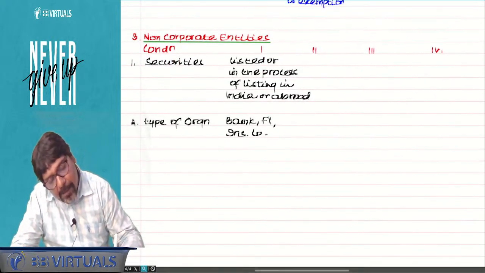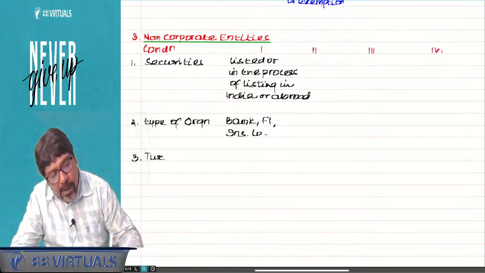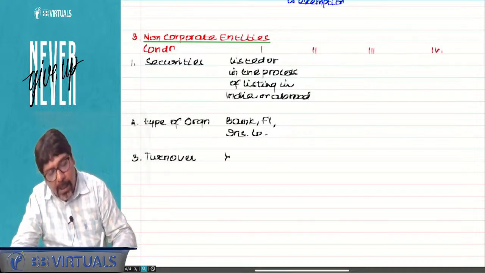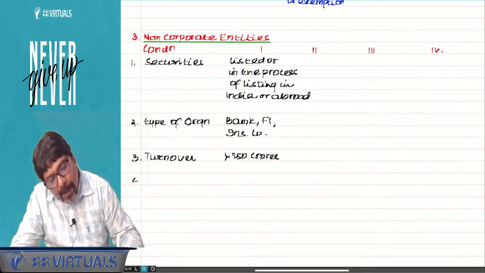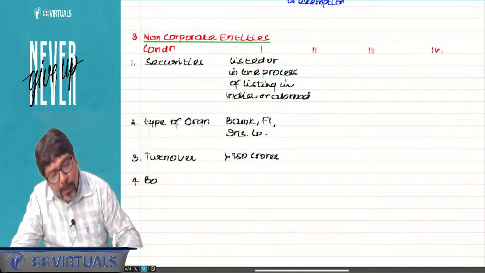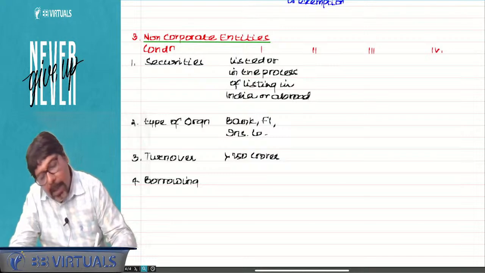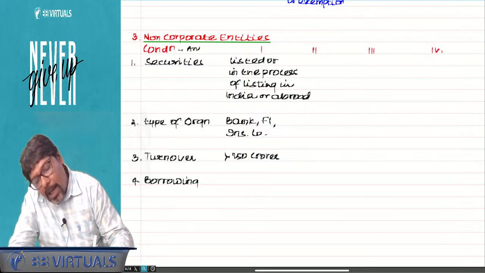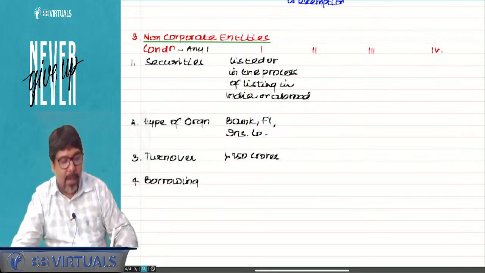Acha. Number 3, turnover. Their turnover should be greater than 250 crores. Their borrowings, any one condition you have to fulfill.